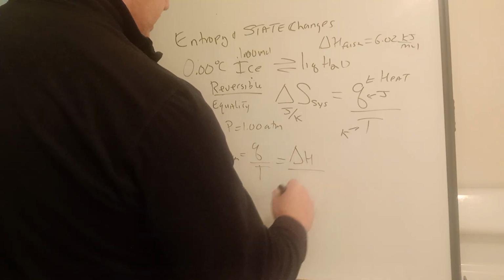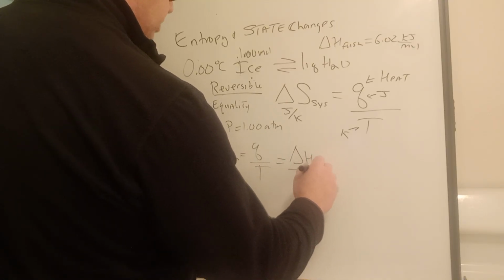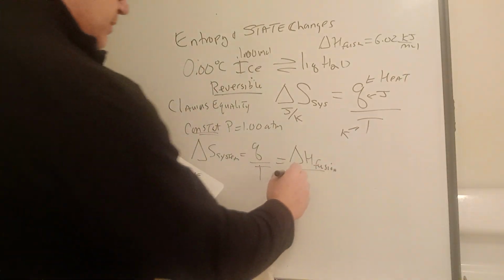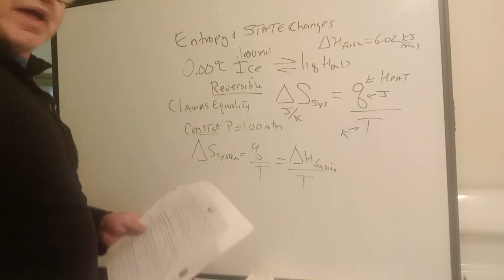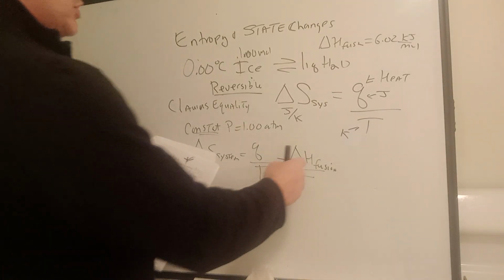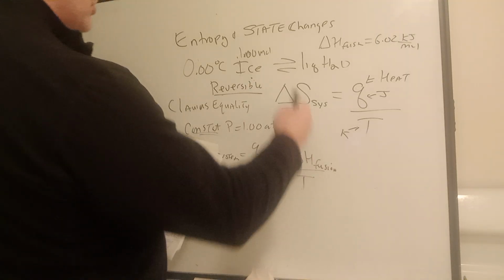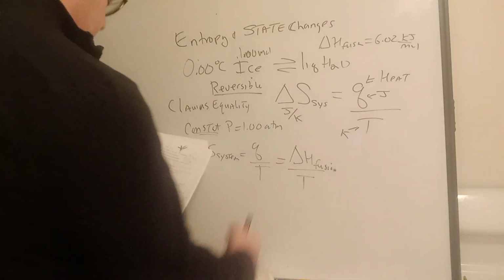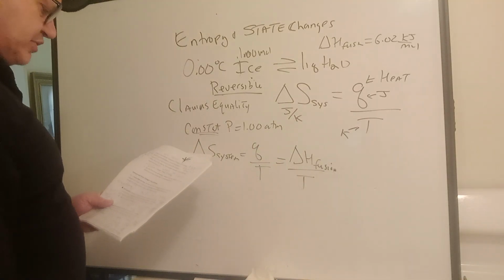In this case, it will be the enthalpy of fusion because that's the enthalpy of interest for this process. So we have that over T. For a lot of people, that will be the sticking point, the relationship between the delta H associated with the fusion or melting of the ice and the heat. That's a link you have to know.